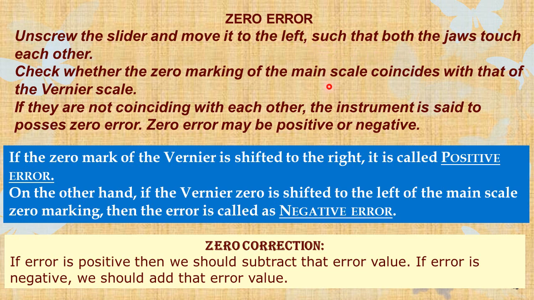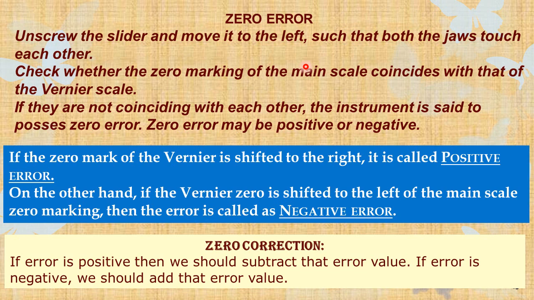Check whether the zero marking of the main scale coincides with that of the vernier scale. The zero marking of the main scale and the vernier scale have to coincide with each other. If they are not coinciding, then the instrument is said to possess a zero error.